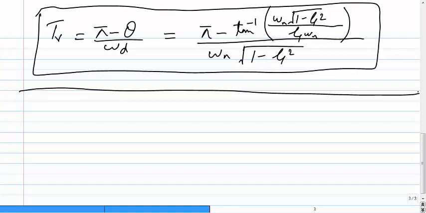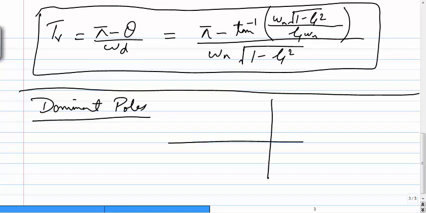Then we discuss another thing, that is the dominant poles. These are the poles that matter if you have too many poles available in the system, so this is a higher order system.